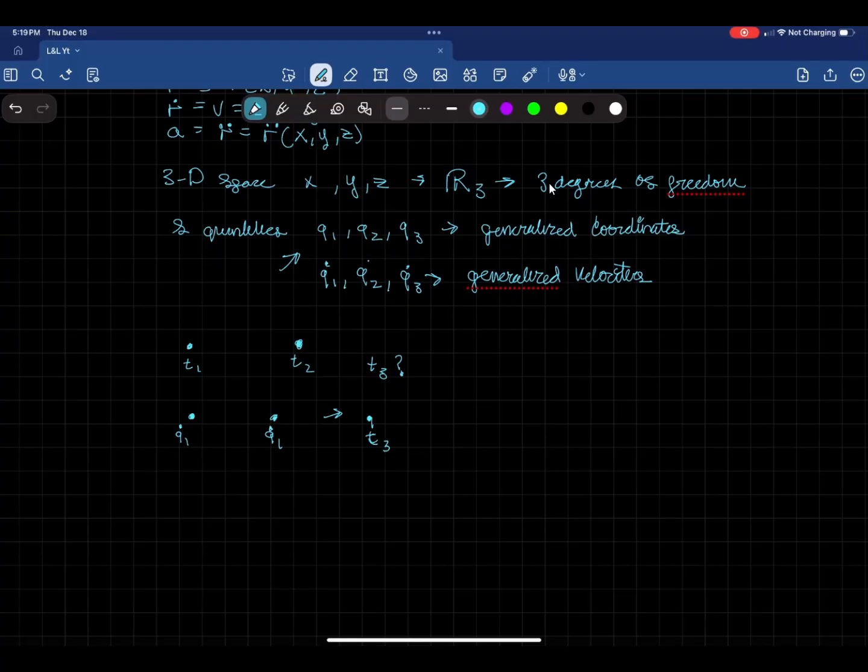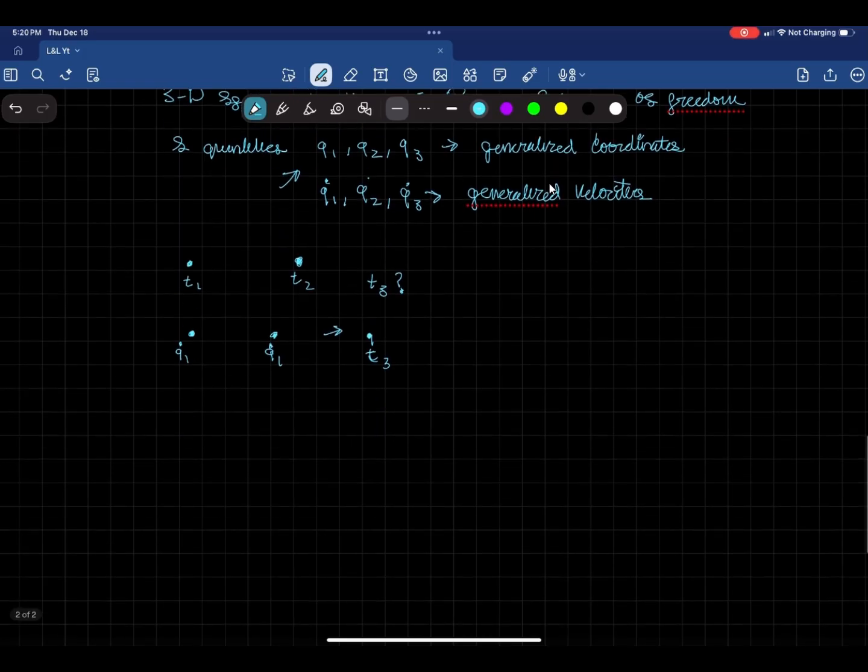Now, the relation between accelerations, velocities, and coordinates are called the equations of motion. And they are second order differential equations for the function q of t. And their integration makes possible, in principle, the determination of these functions and so the path of the system.